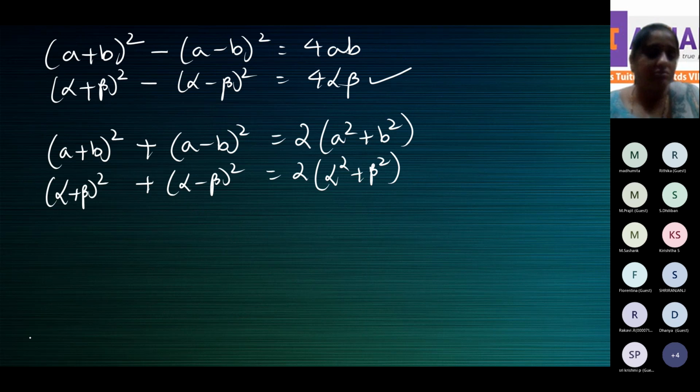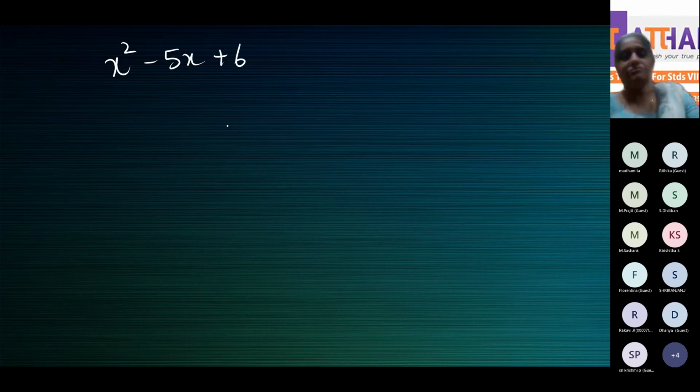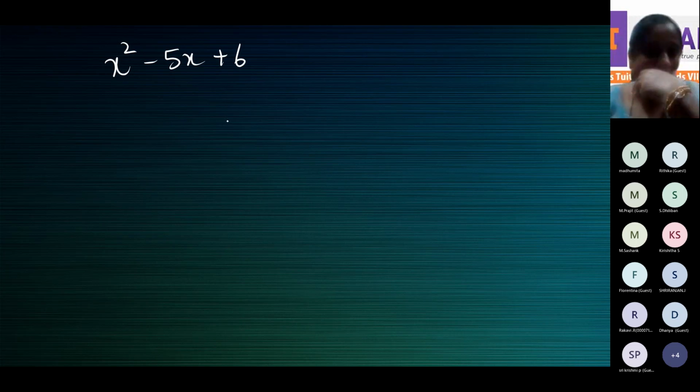Now consider this polynomial: x square minus 5x plus 6. Factorize and find the zeros, children.